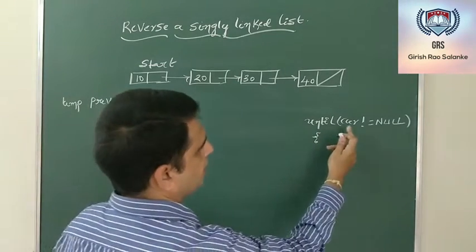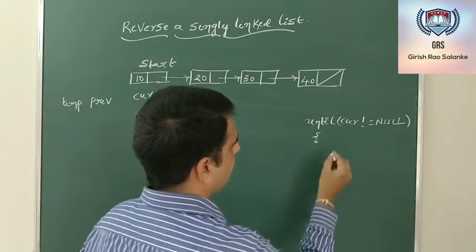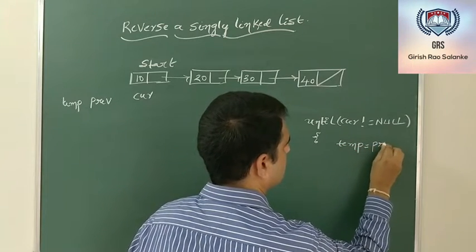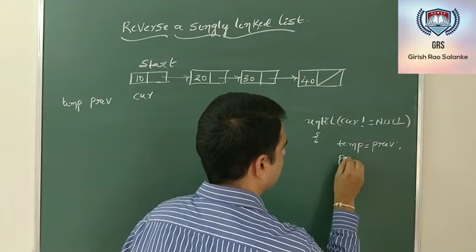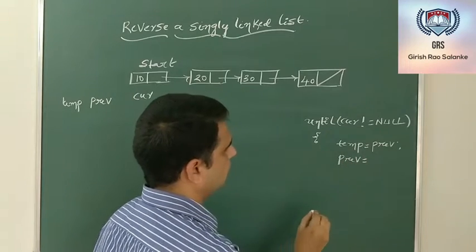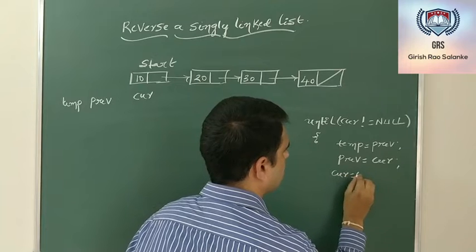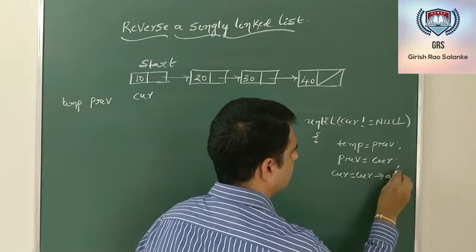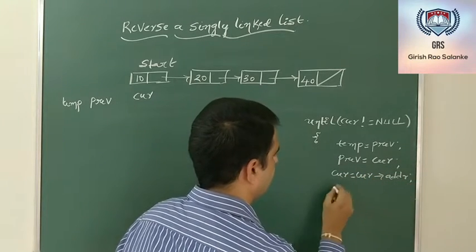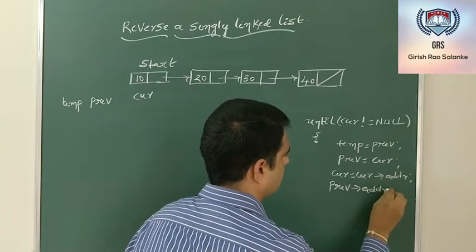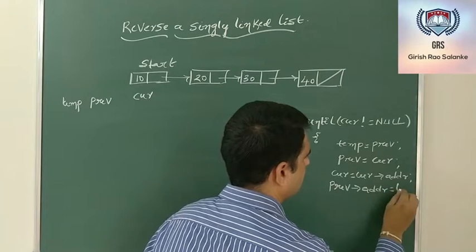That means until current not equal to null, let me make first thing temp as previous. Previous is equal to current. Current is equal to current of address. And let's check what happens if I make previous of address pointing to temp.